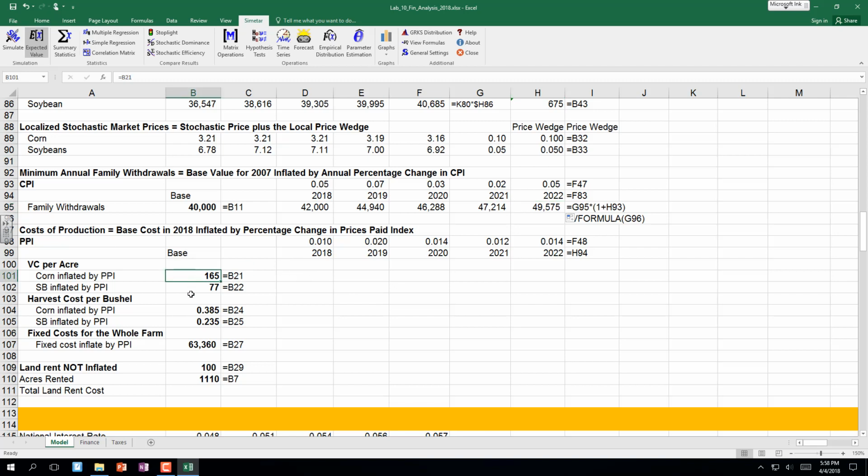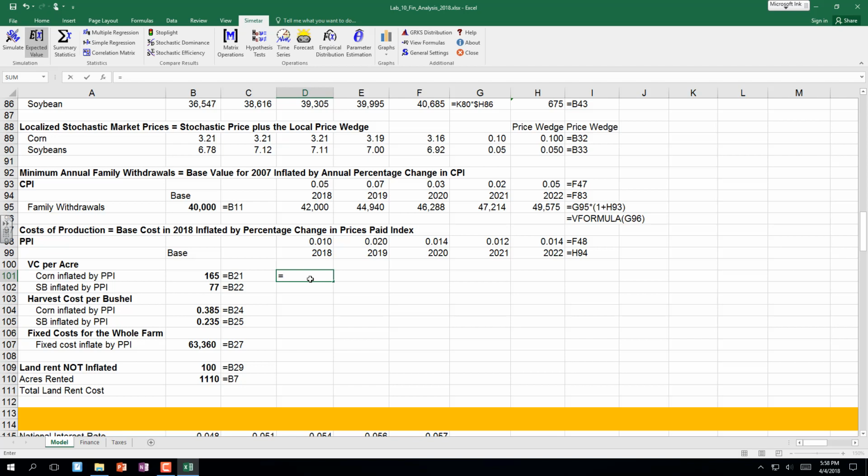Now, these are the variable costs that were up above. And to speed this up, so we can actually finish it in an hour and a half, I brought them down here. Okay? And this is something you should do yourself. Okay. Now I'm going to use one inflation rate, and it came from B48 up there. It's a prices paid index, and this is a percentage change for 2018 over 2017.